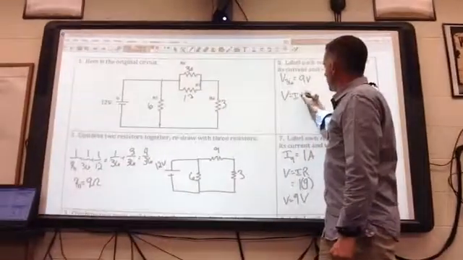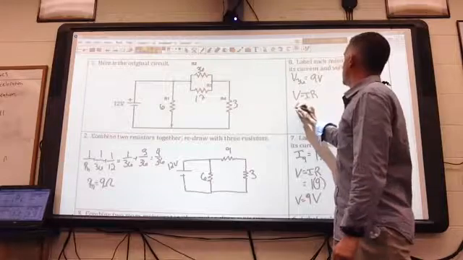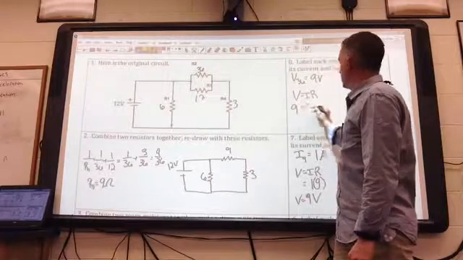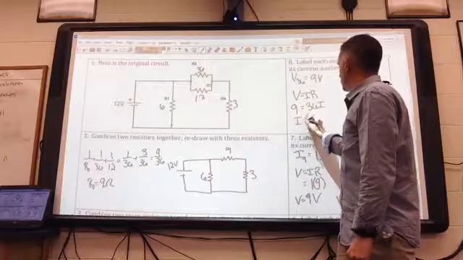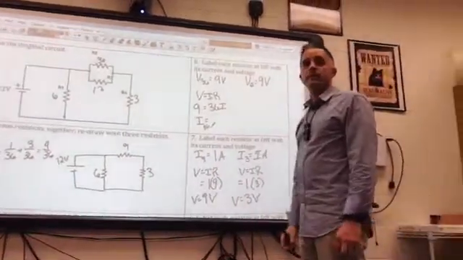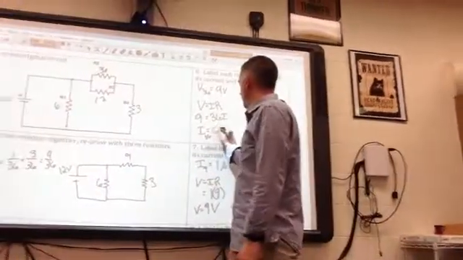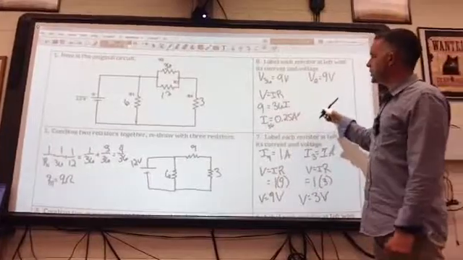So V equals IR again. The voltage through the, let's see, we get 9 is equal to 36I. I through the 36 then. What's that? 0.4? 0.25 I should say? 0.25 amps. How much should this guy get?